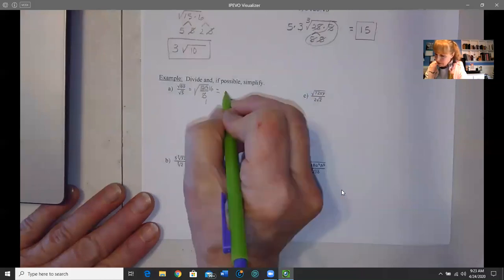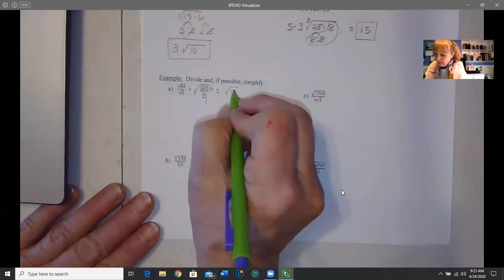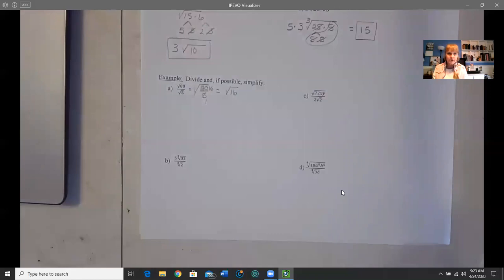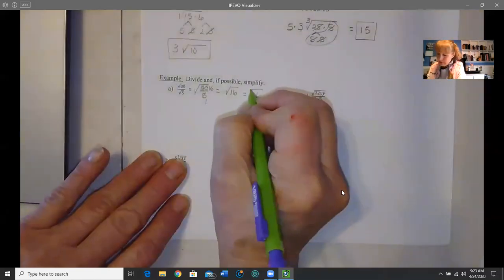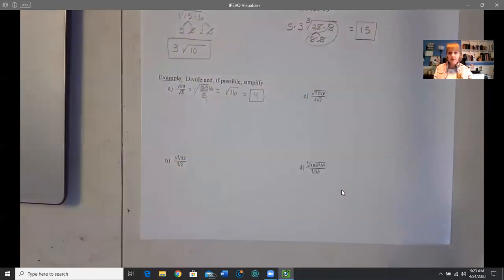So I end up with the square root of 16 over the square root of 1, which is just 1. So that was a lot easier than trying to mess with that 80. So here, the answer is 4. The principal square root of 16 is 4. So reduce them, and then take the square root or look for 2 of something.